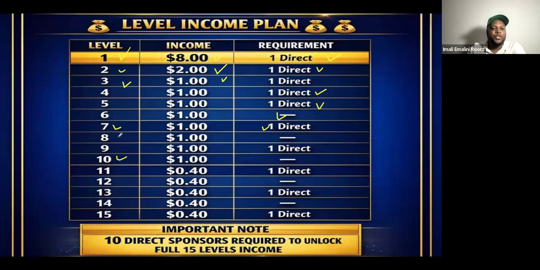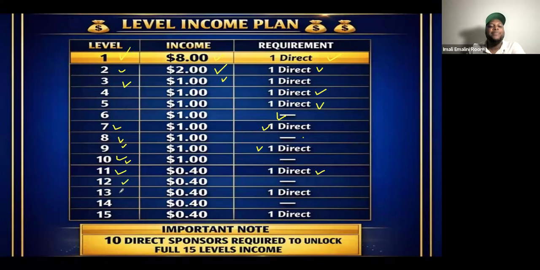And here you relax, you receive up to level 8. But if you want to get from level 9, you introduce another direct. You receive from level 9 to 10. If you want more, you introduce another active direct. That will take you from level 11 to 12.